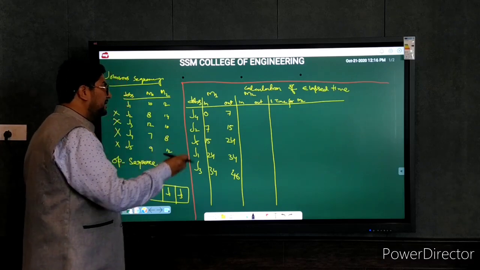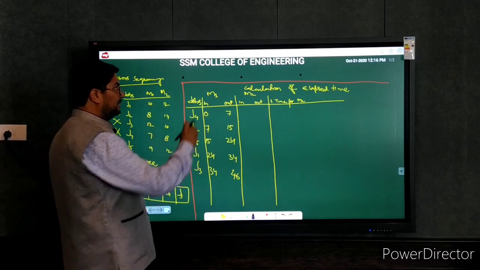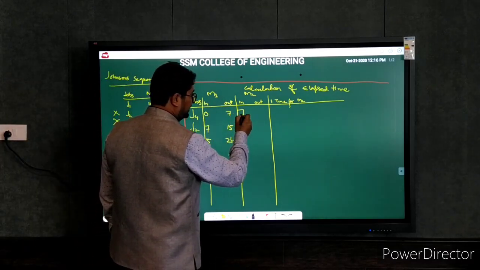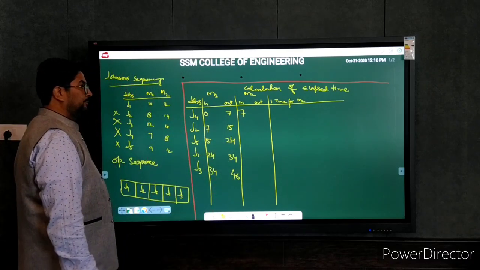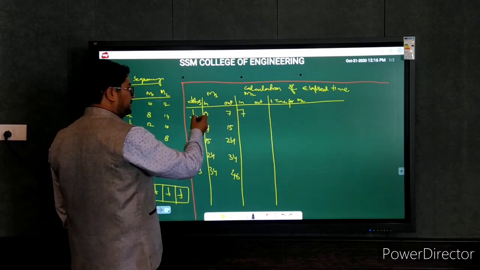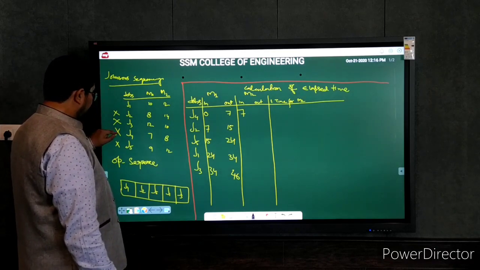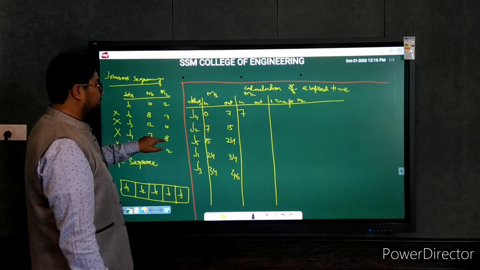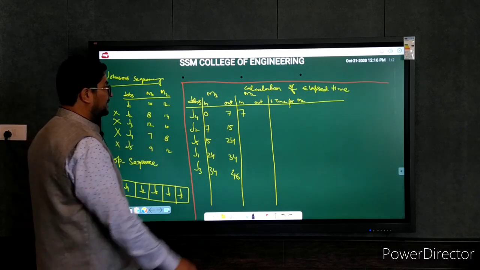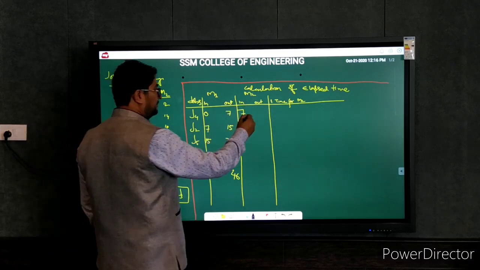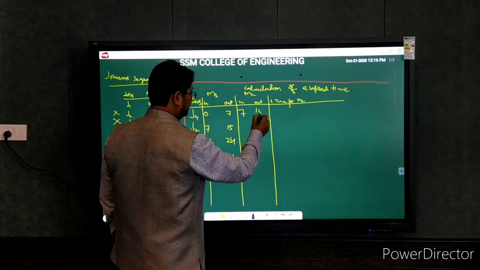Machine first completed job 4 at 7. So at 7, J4 has been taken by machine 2 and it takes 8 hours to complete this job. So 7 plus 8 becomes 15.